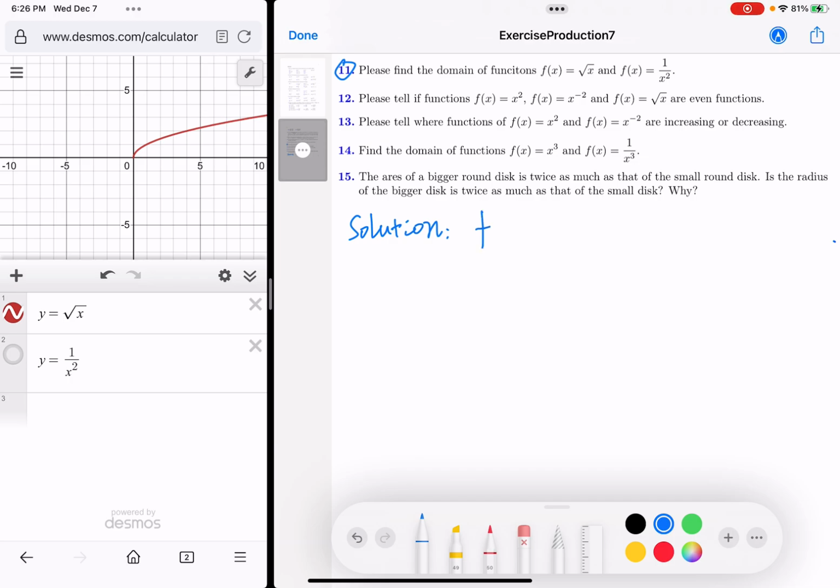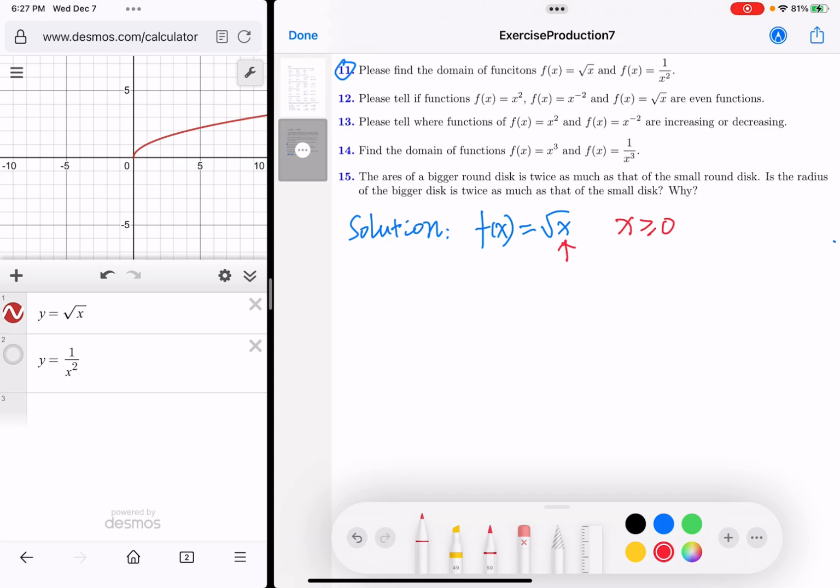Here we have f of x equals radical x. Then everything inside the radical sign has to be positive or 0.